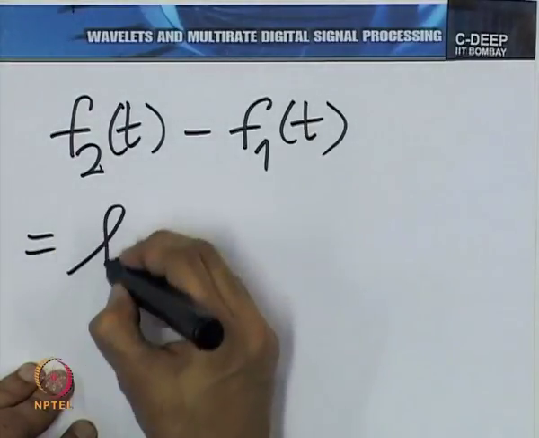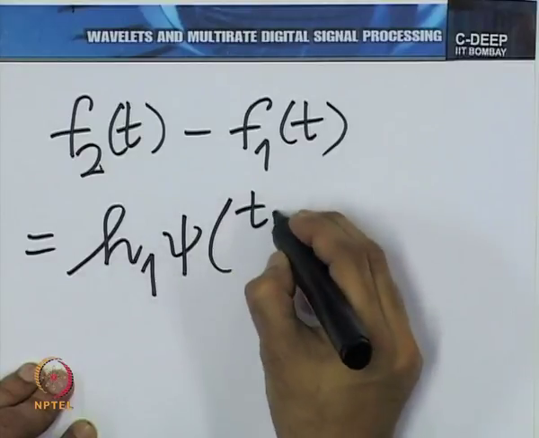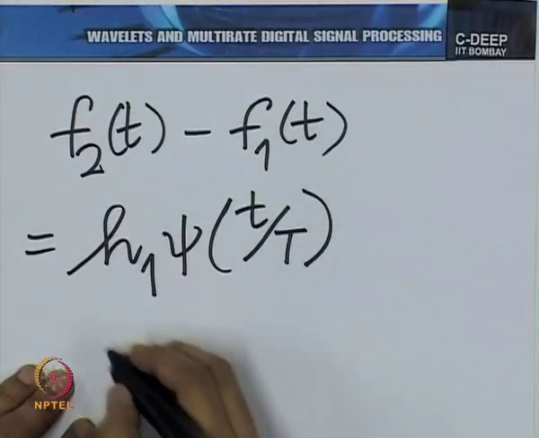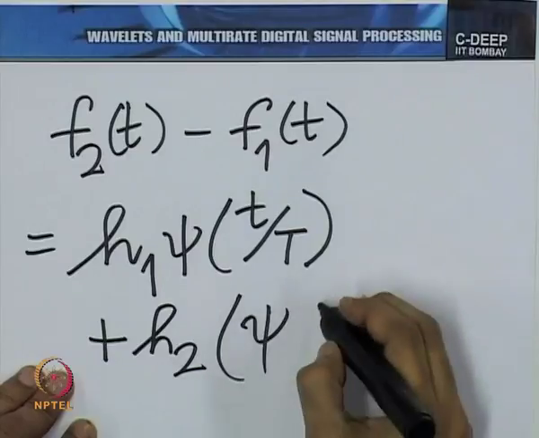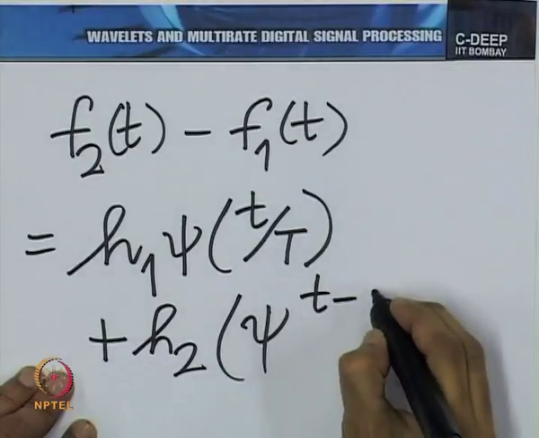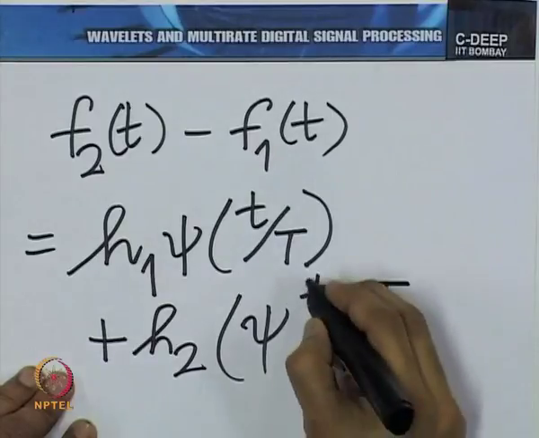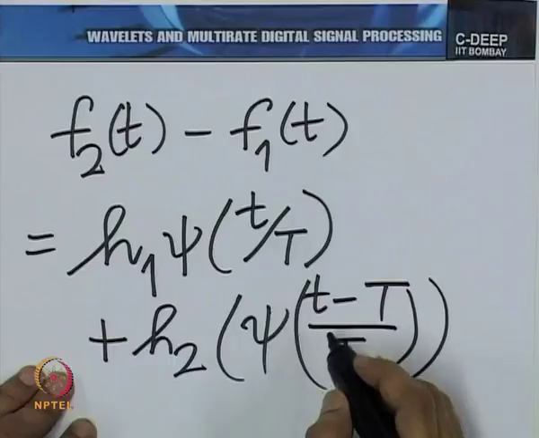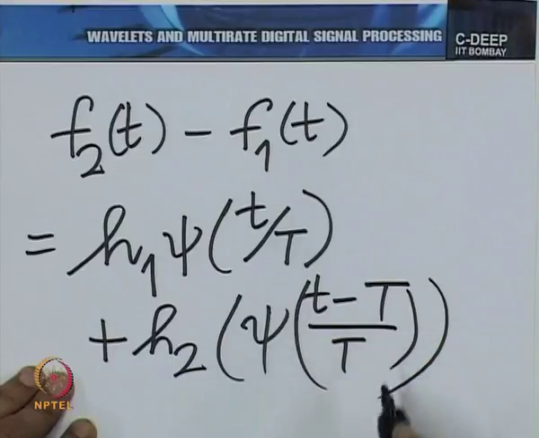Some h1 times psi of t dilated by T plus h2 times psi of t minus T dilated by T. So, here this is both dilated and translated, all right.